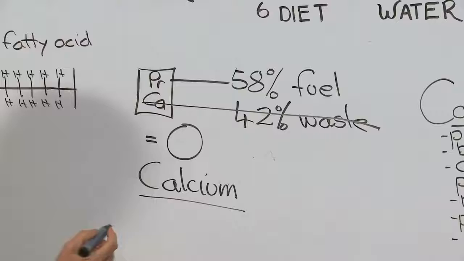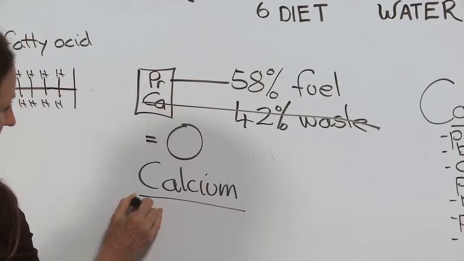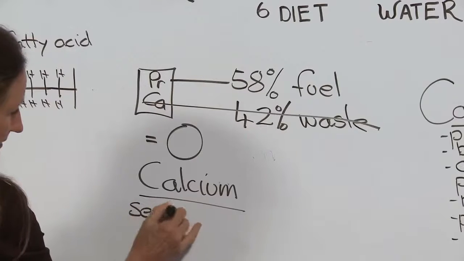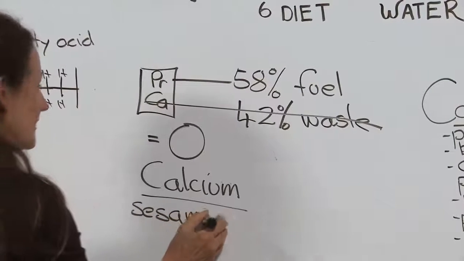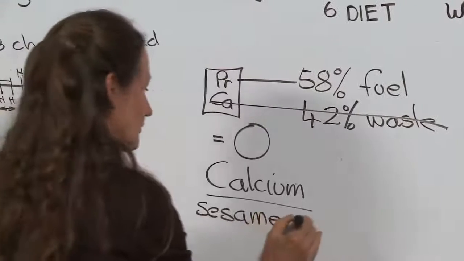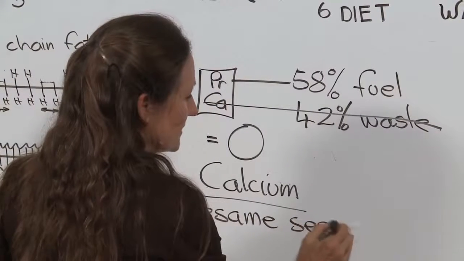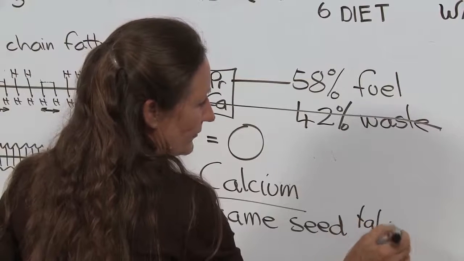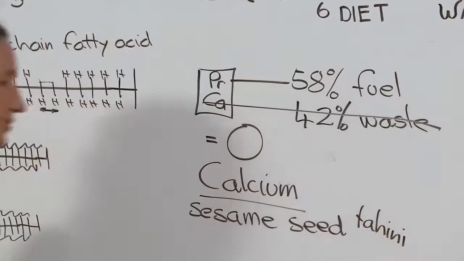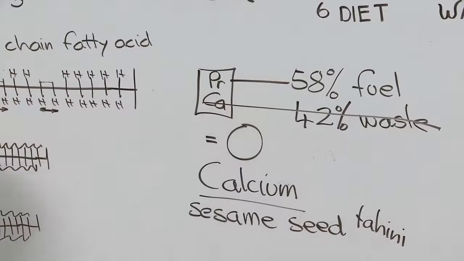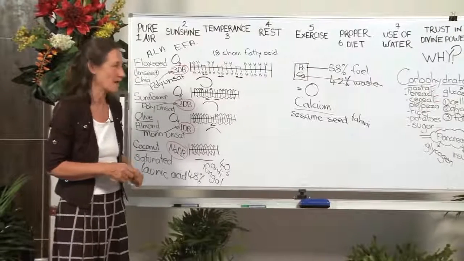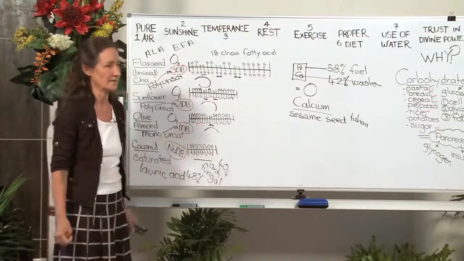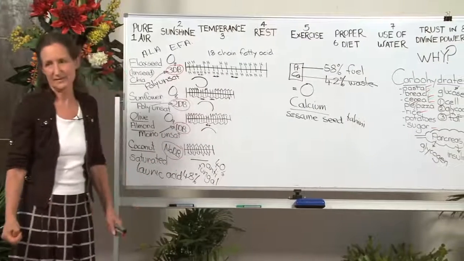Let's have a look at calcium. Calcium in the vegetarian kingdom, its highest is found in the sesame seed. And a very nice way to eat the sesame seed is as tahini. At Misty Mountain Health Retreat, we do quite a few dressings and sauces that contain tahini. If you look in Lebanese food, their baba ganoush has tahini, their hummus has tahini.